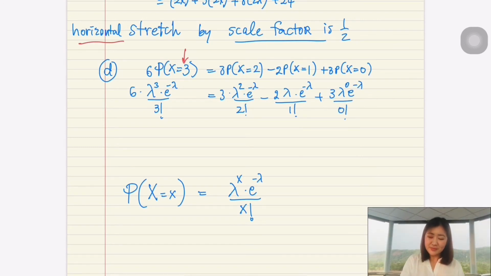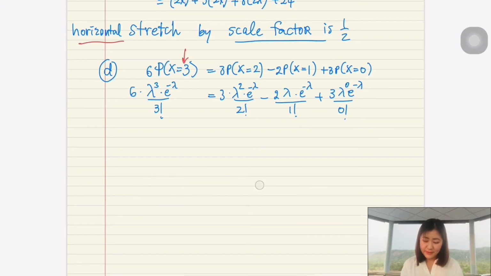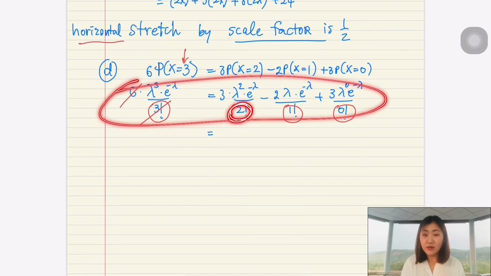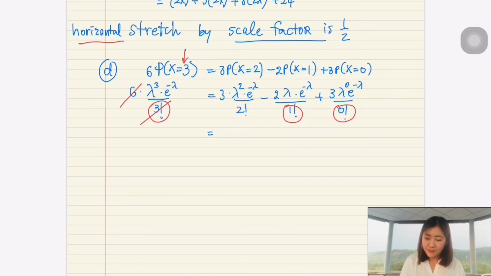All right, and then we simplify. Okay, we simplify here. This is 6, this is 2, this is 1, and this is 1. So 6 and 6 cross out. So I would times the whole thing by 2 to get rid of this 2, okay? So we're gonna get here 2 lambda to power of 3 e minus lambda, you times it by 2, you cross this out, right?